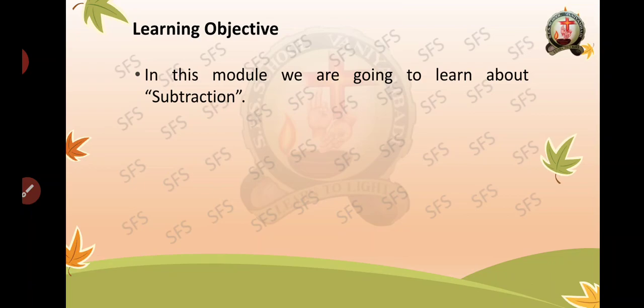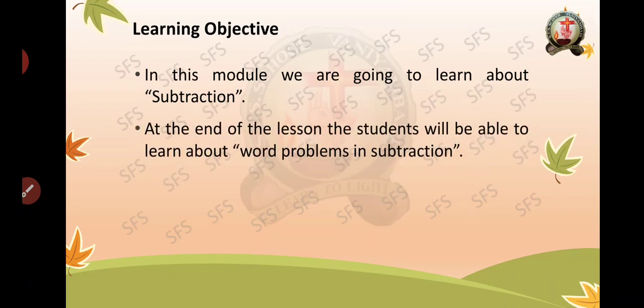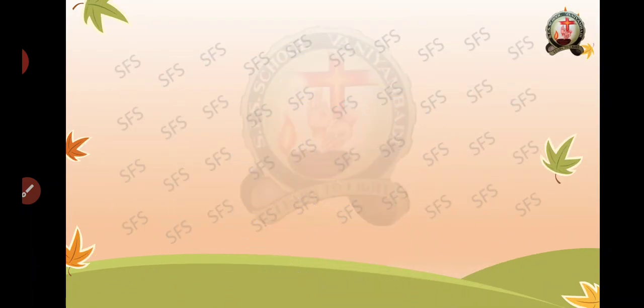At the end of the lesson, you will be able to solve word problems in subtraction. In the previous class, we discussed the basics of addition as well as word problems in addition. Now we are going to solve subtraction and word problems in subtraction. Let us move on to the class, children.